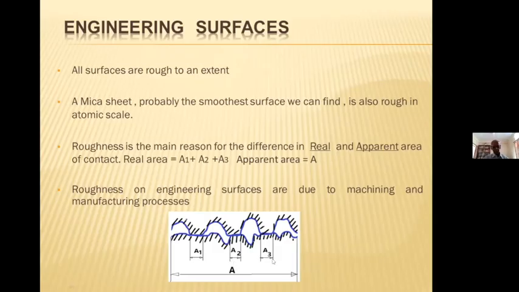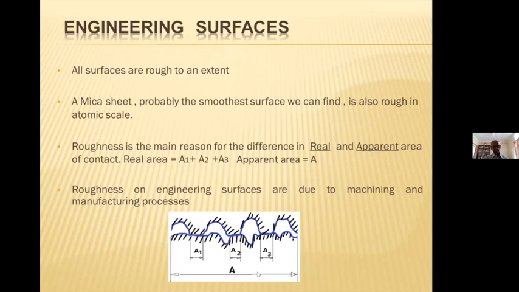So these are the real areas of contact, and the apparent area of contact is A. So one can see very easily that the real area of contact is a very minor fraction of the apparent area of contact. And this is one of the biggest causes of the tribological loss outputs, namely friction and wear. And we'll see that a little later. But for the time being, let us try to understand the surfaces.